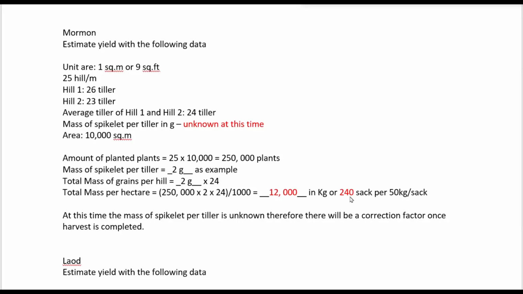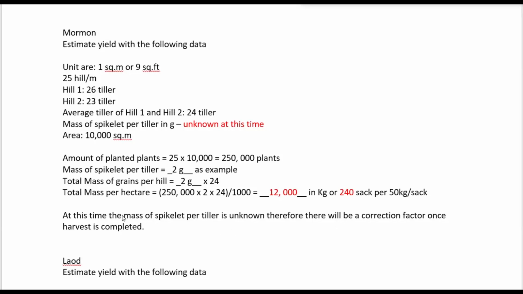Now, please don't get excited. There is going to be a correction factor. We just don't know what the correction factor is. The idea then is to gather the mass of a tiller and then recalculate, and then have the actual yield, and then correct the estimate according to those two unknown data.